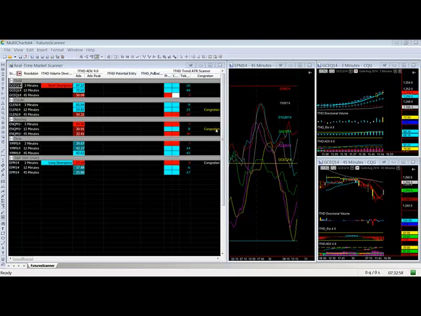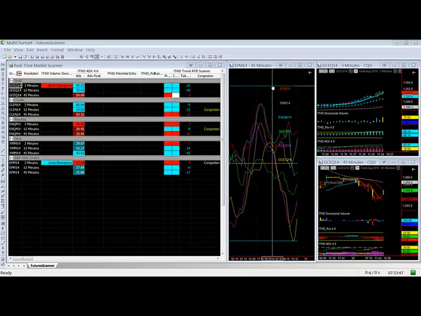On the NASDAQ, the 12-minute is in congestion. And on the S&P Mini 500, the 3-minute is in congestion. So this is very important information if you're looking to take a trade at the congestion dot or at the ATR. We know these are the possible markets that we would be able to do that with.